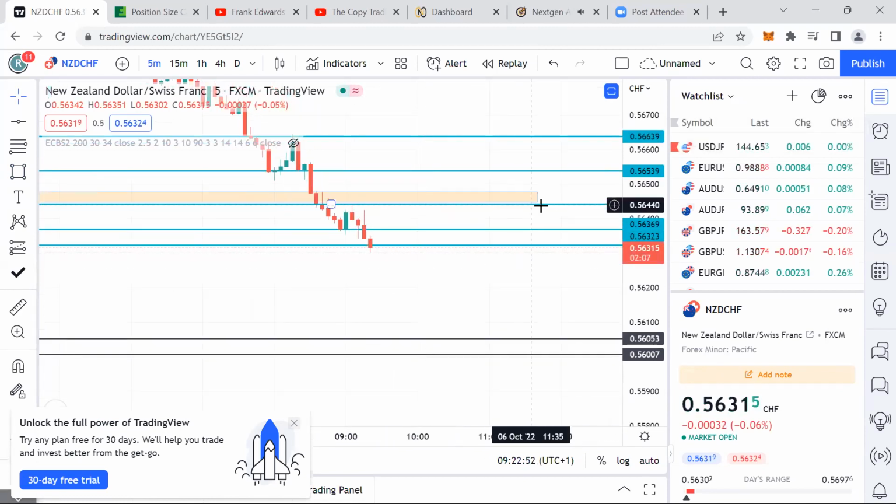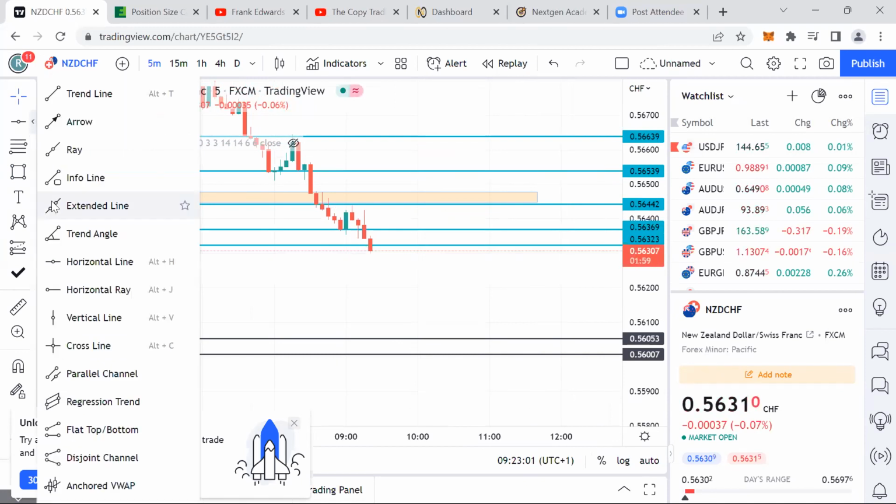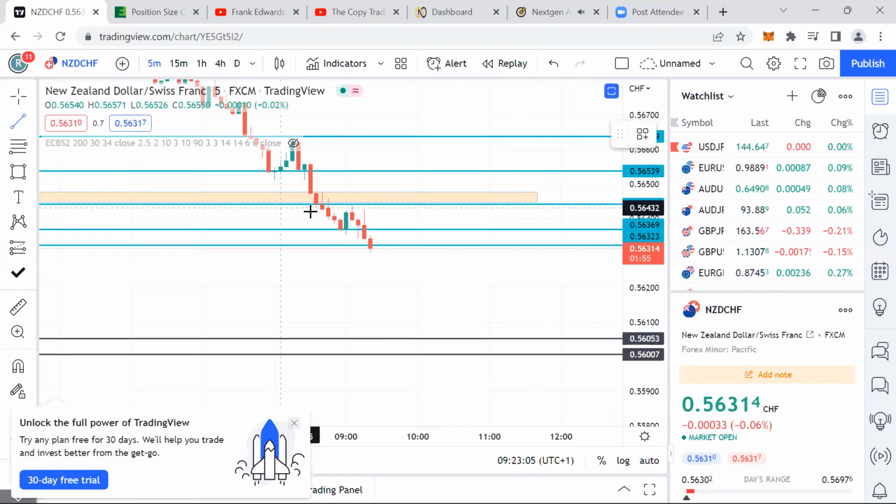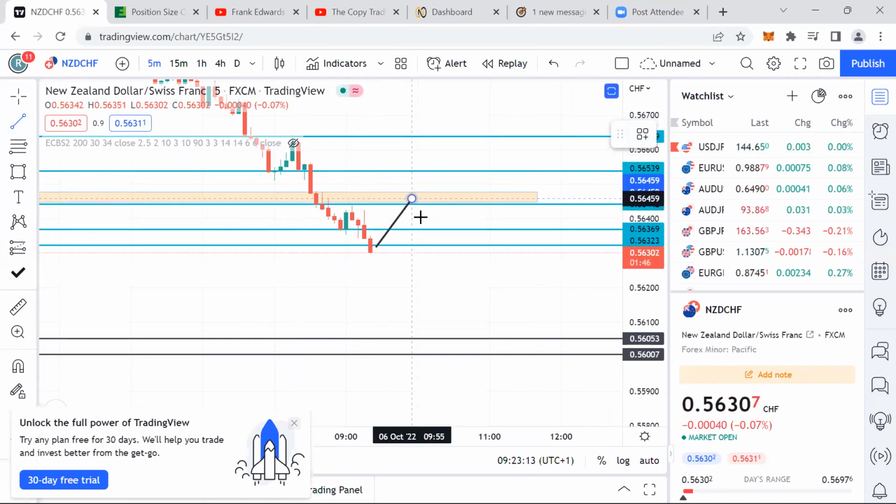So let's say it pushes up here, this 0.56442. In fact, you can set a pending order there. You can set a pending order here. What do I mean by pending order? You can set a sell limit.